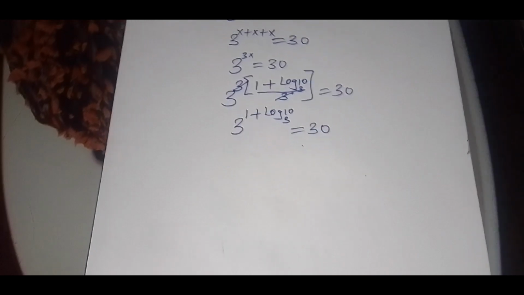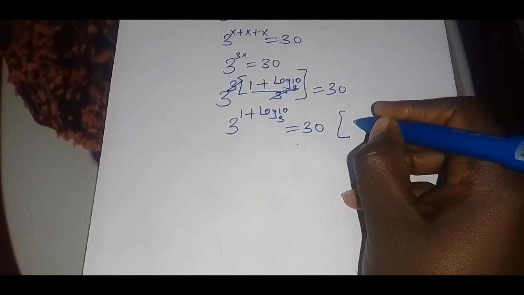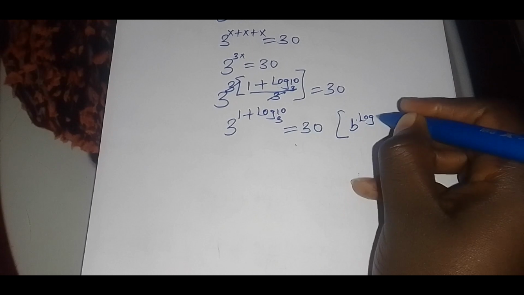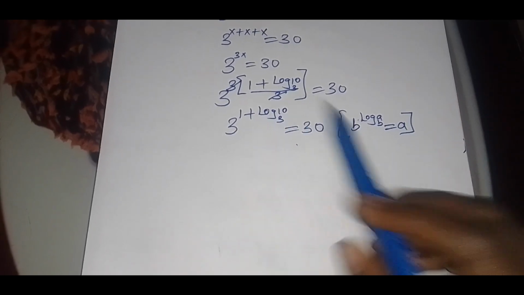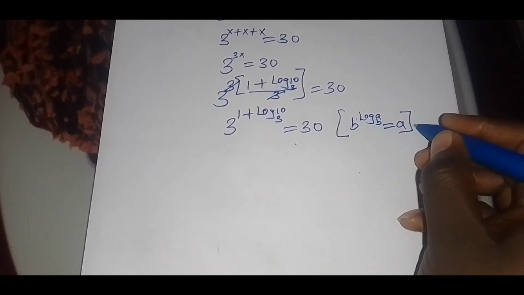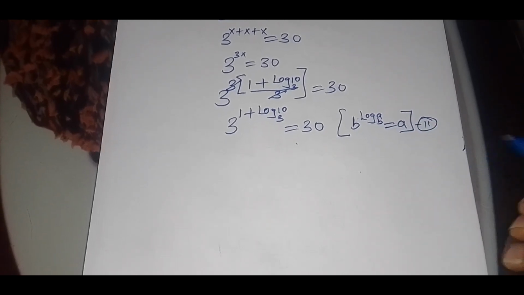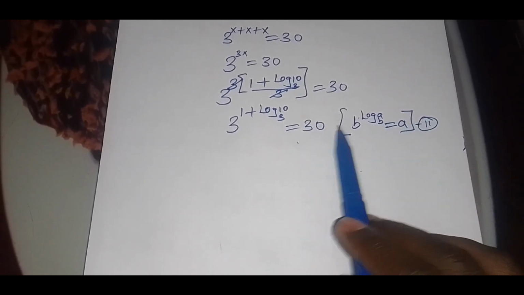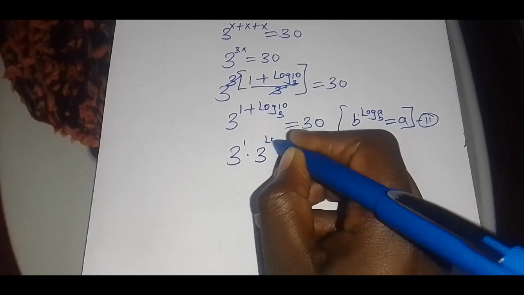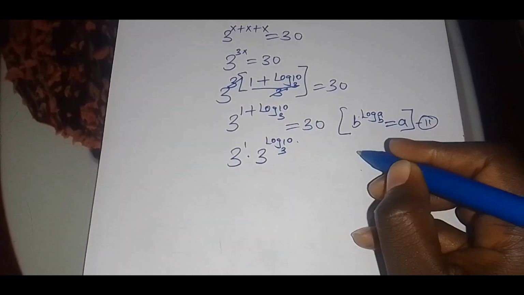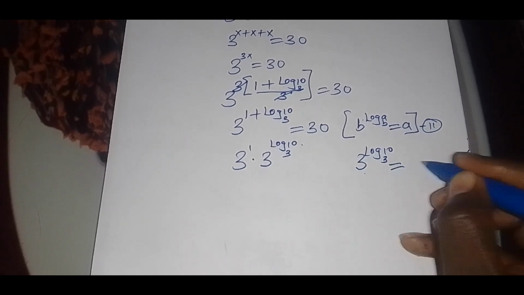Now applying the logarithm identity that b raised to power log a to base b is equal to a, this is the identity we need to apply. So we have 3 raised to power 1 multiplied by 3 raised to power log 10 to base 3, and 3 raised to power log 10 to base 3 is definitely equal to 10.